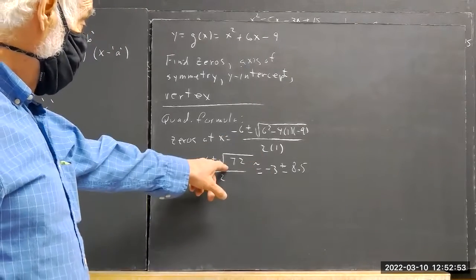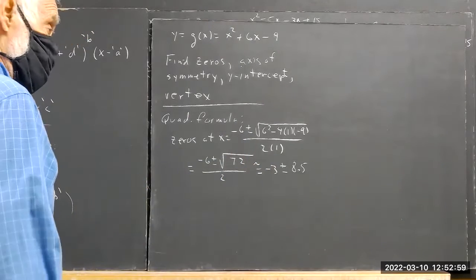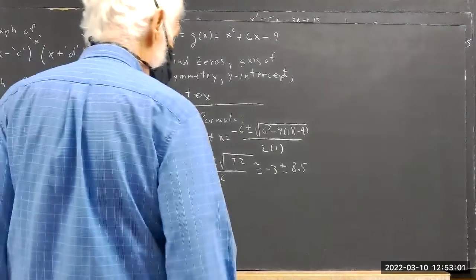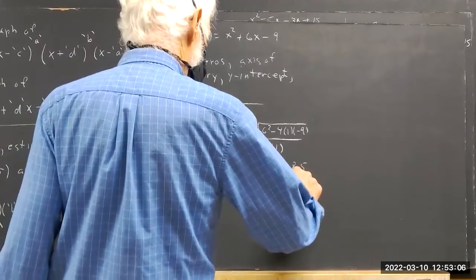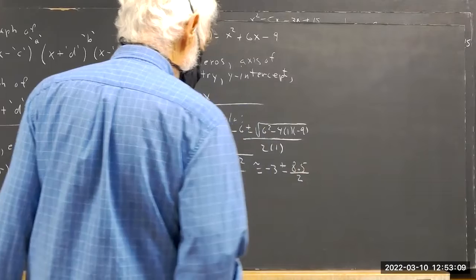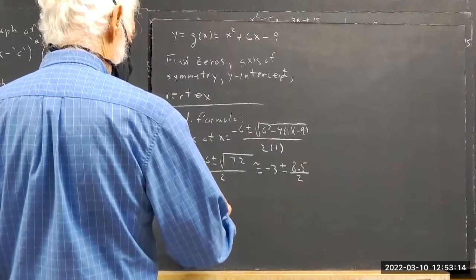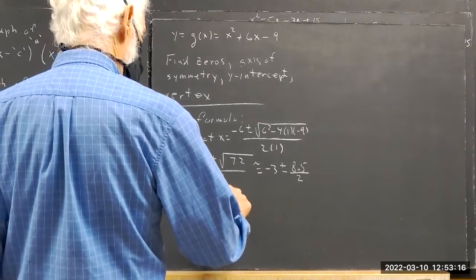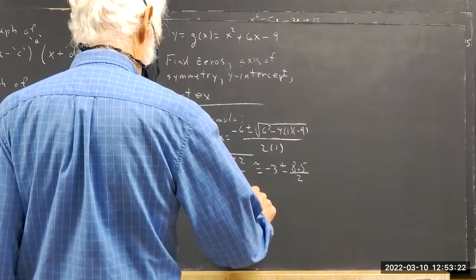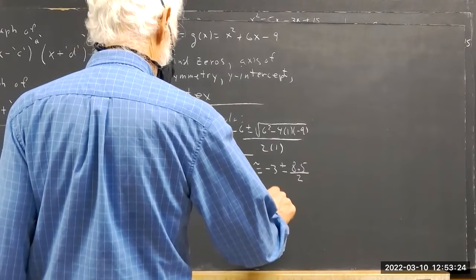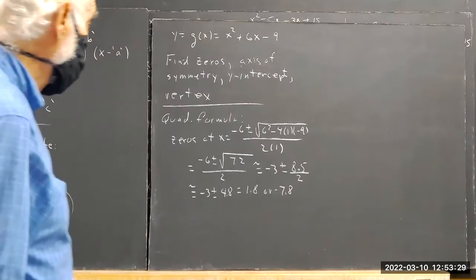You should also know that that's 6 times the square root of 2. So 8.5 divided by 2 gives you like 4.8, and it's negative 3 plus or minus 4.8. So it'd be like 1.8 or negative 7.8.